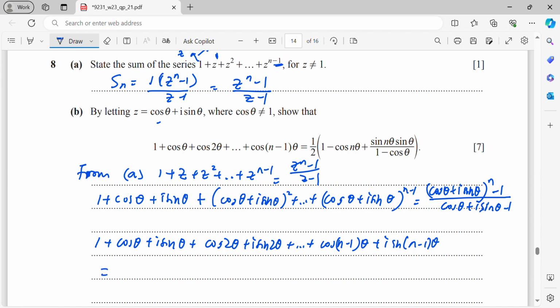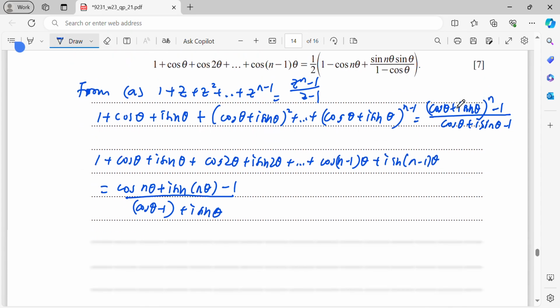This is going to be cos n theta plus I sin n theta minus 1 over cos theta minus 1 plus I sin theta.